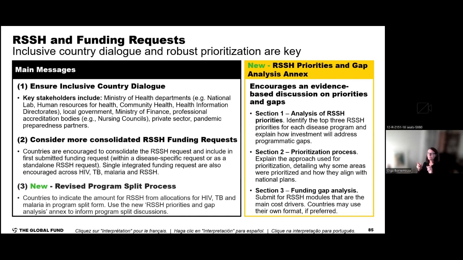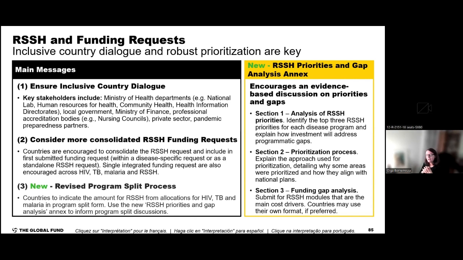But anyway, there's this sort of disconnect between the diseases and the RSSH doesn't really feel owned by the diseases. And we really want to try to fix that. And I'll talk about how we're going to do that in a bit more detail. But I think step one is to really make sure that the right people are in the room during the country dialogue. And we've listed some of the possible key stakeholders.